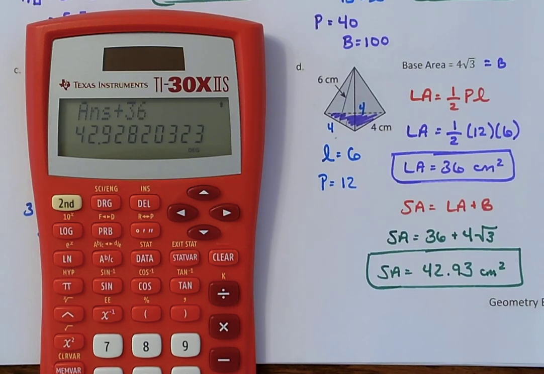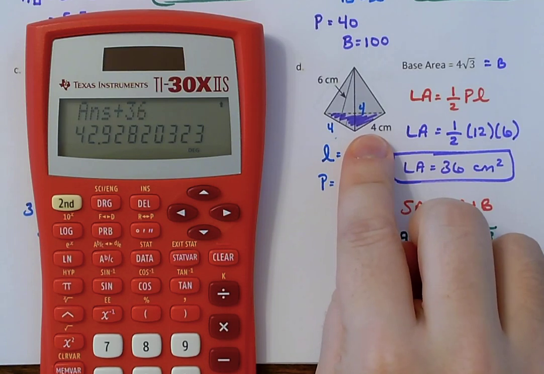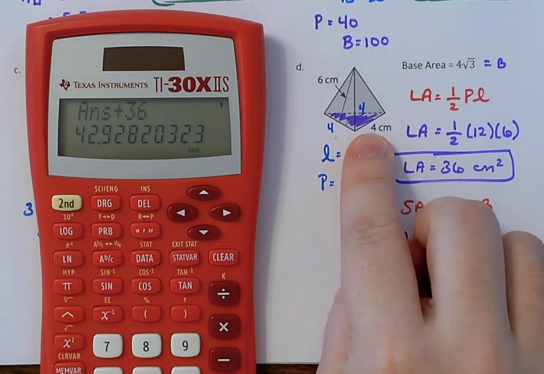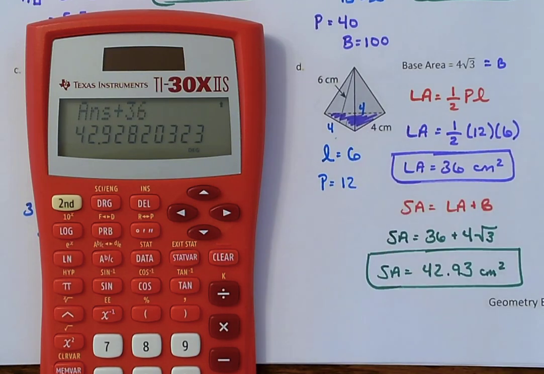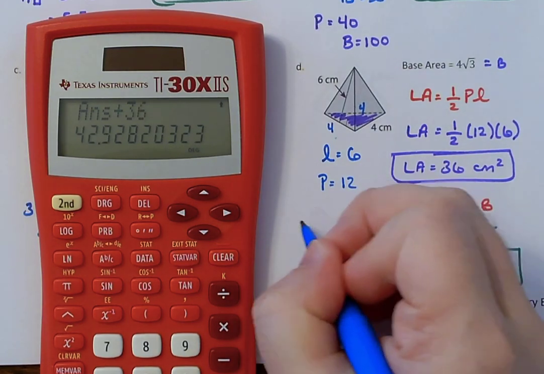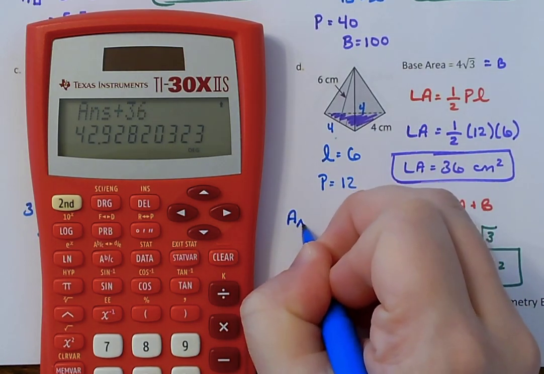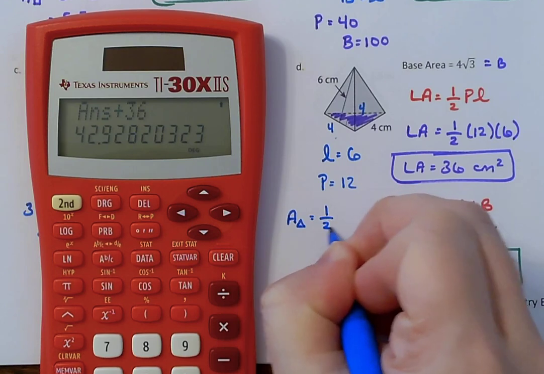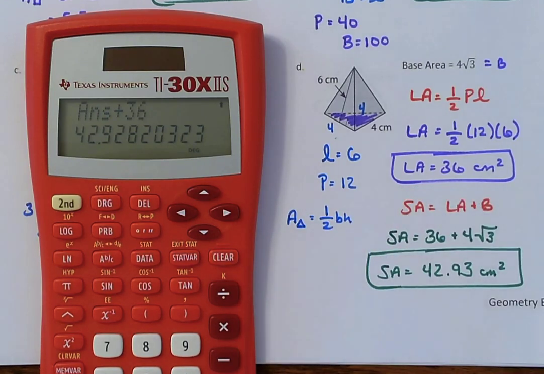So in this one, I told you guys your base area because, again, figuring out the area of this triangle is not the greatest. One thing to note, though, when we talk about area of a triangle, it is 1/2 base times height. So we've run through numerous times on how to figure out the area of a rectangle.